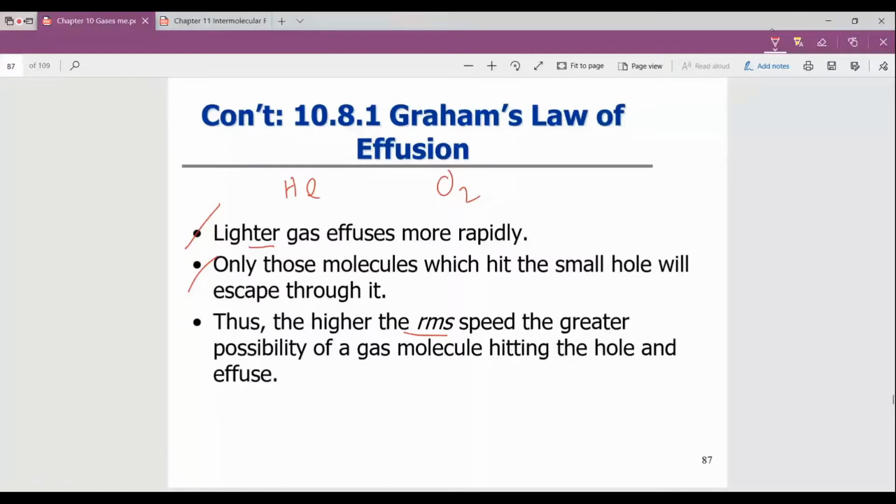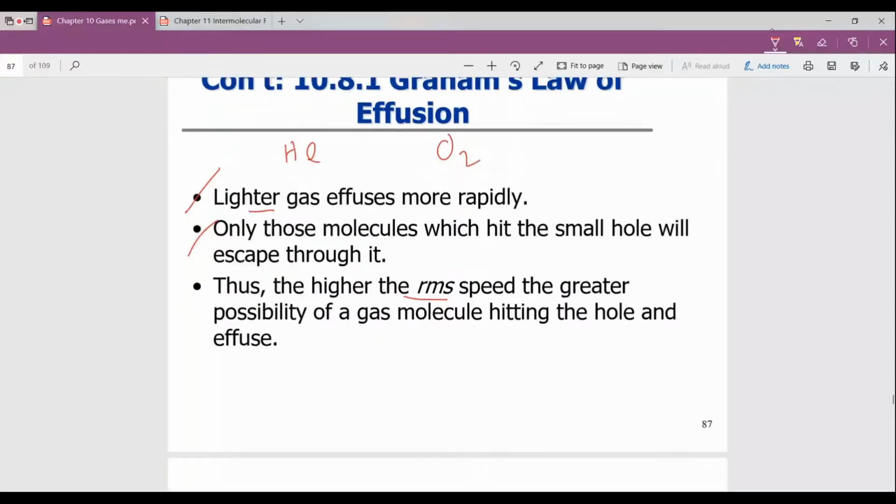So there is the greatest possibility for the gas to hit the hole and effuse. The higher the RMS peak, the more tendency for the gas to hit the hole in the wall of the container, and thus it will diffuse out through a tiny hole and spread throughout the entire container room.